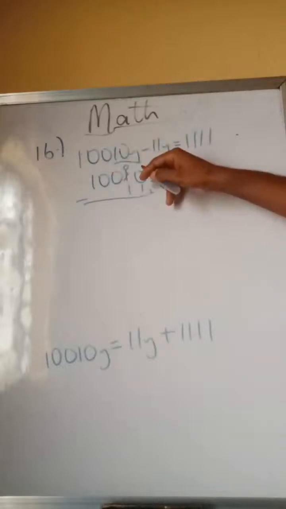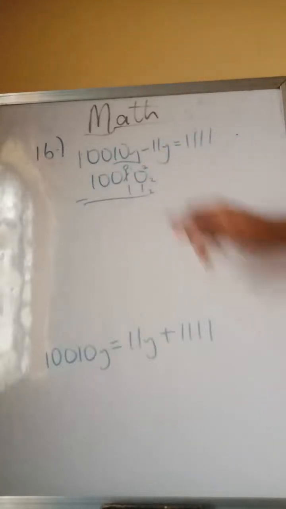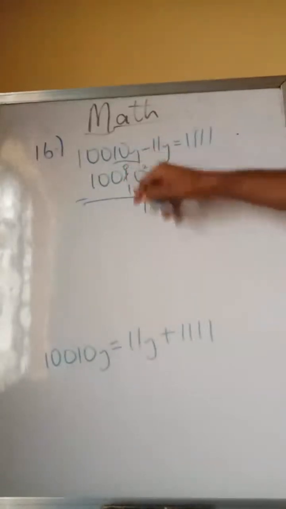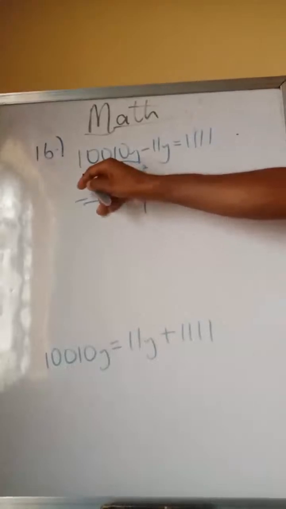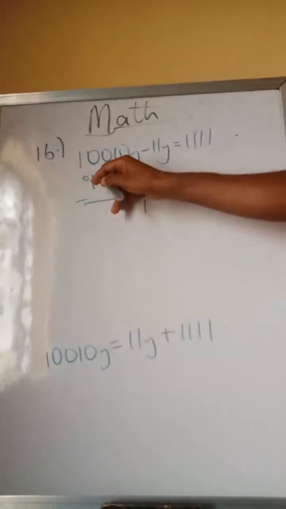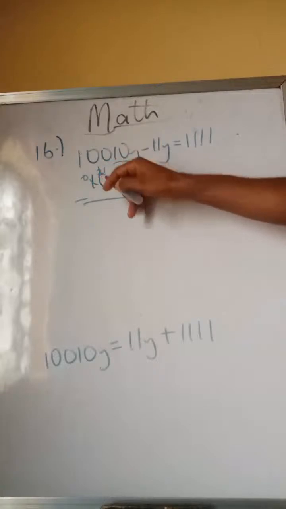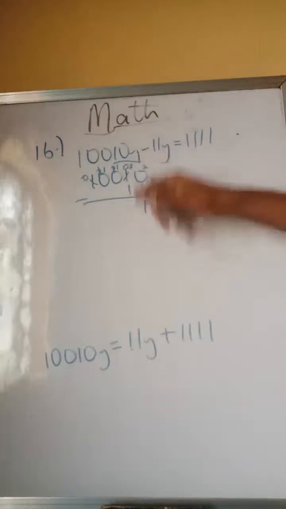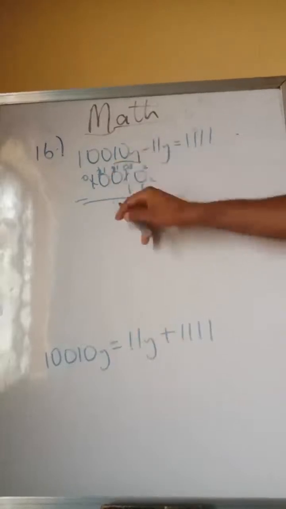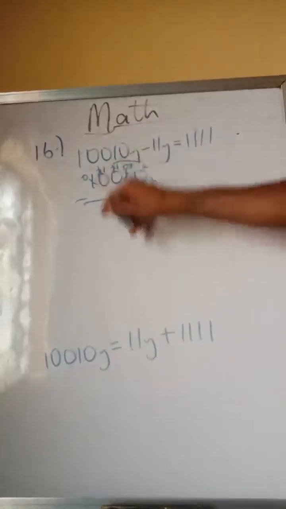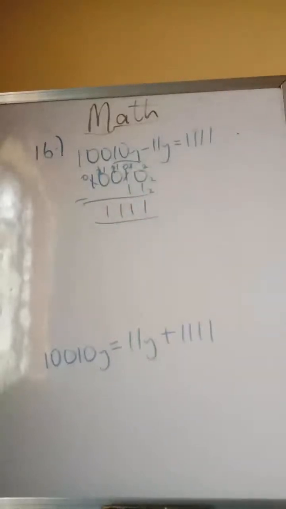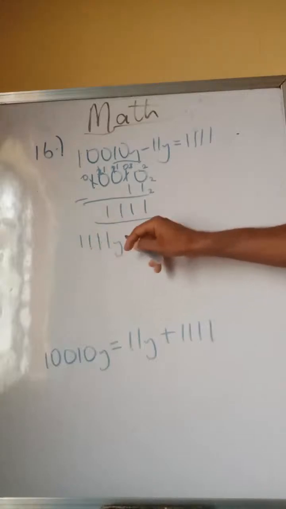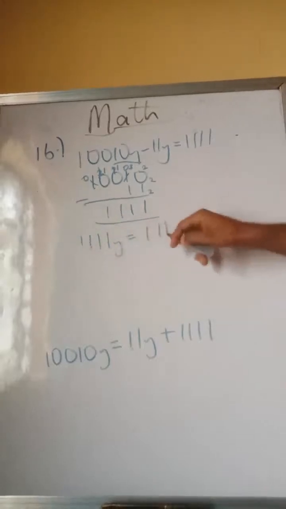The base is 2. And so 2 plus 0 is 2 minus 1. The same applies here. So we borrow 1 from here, and it remains 0. So you have 2, borrow 1 again. It comes here as 2, borrow 1 again. It comes here as 2. So 2 plus 0 minus 1 is 1. The 1 comes down because 1 minus nothing, and 1 again. And there you go. In other words, we're having 1111y equals 1111.